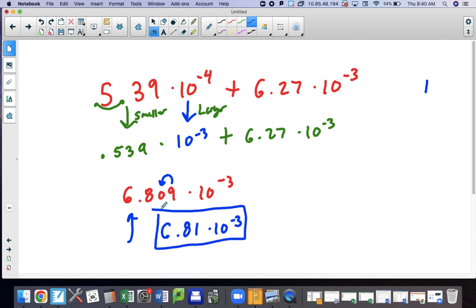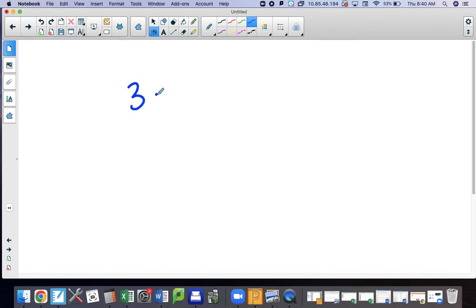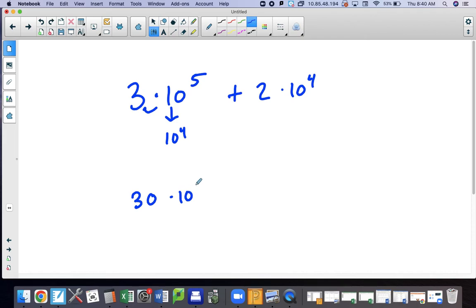And that's it. If you choose to drop the power, I'll do a real quick demo. If we were to drop this power to 10 to the fourth, that would cause this number to grow 1 decimal place larger.